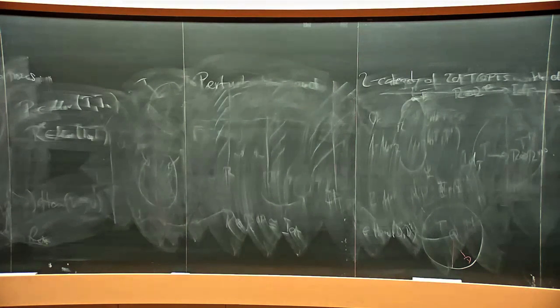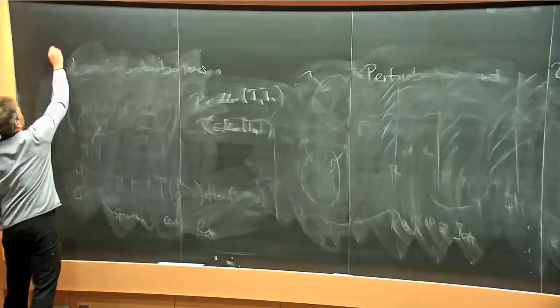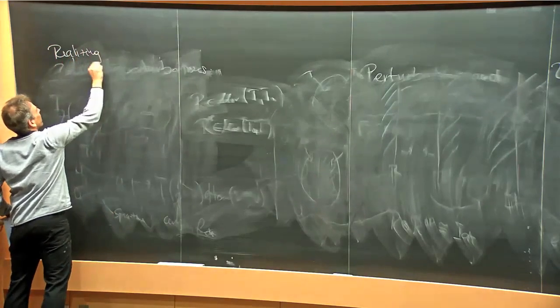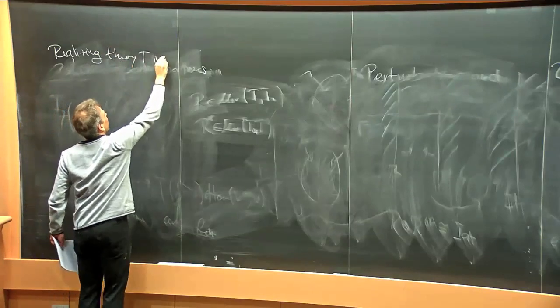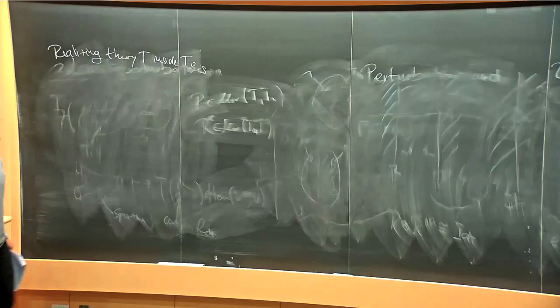Okay, now I want to realize the perturbed theory inside of the unperturbed theory. Realizing theory T inside T naught. How do I do this?